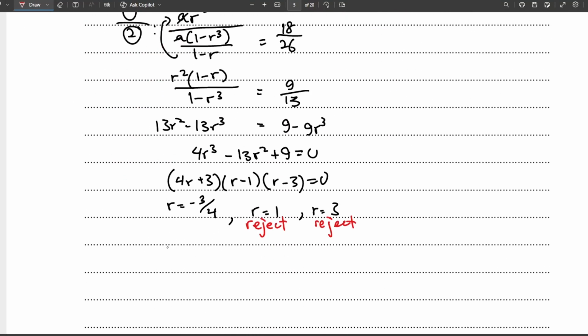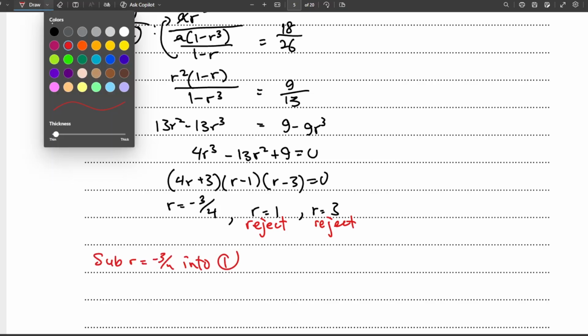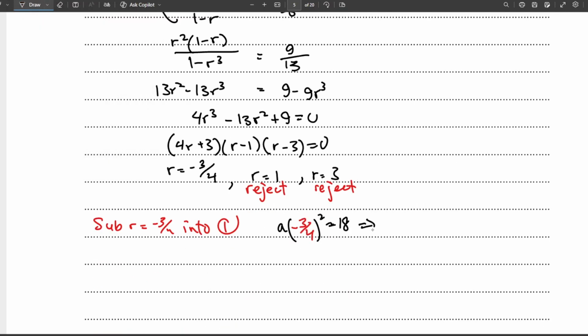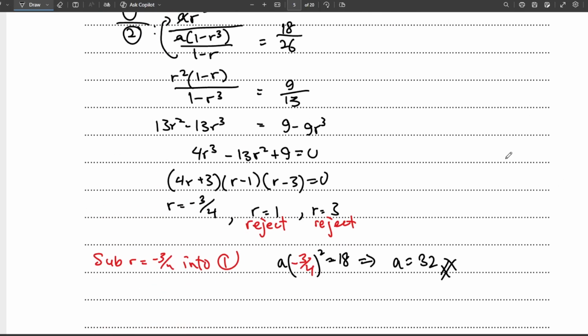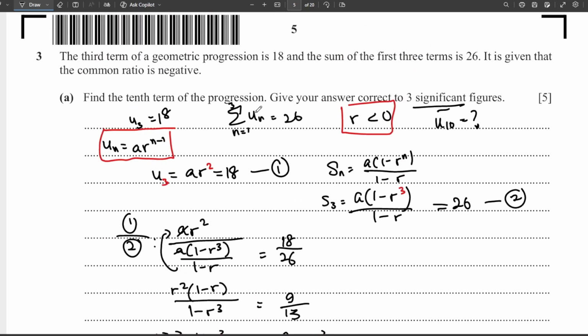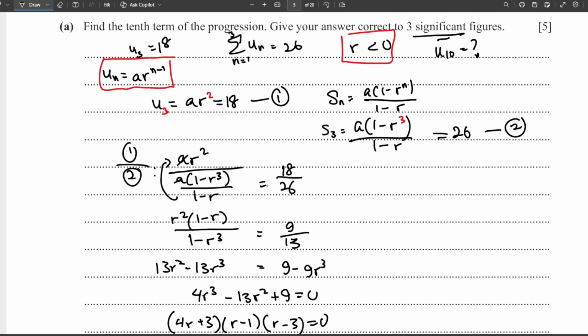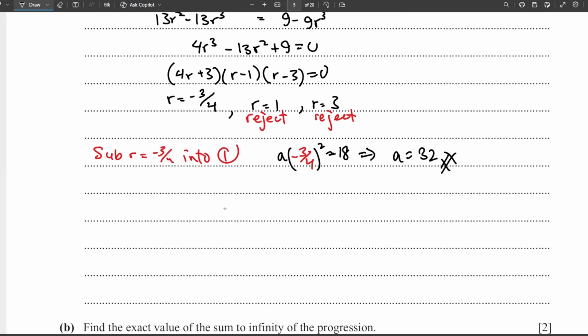So now we have our r, we can go ahead and substitute back in the first equation. And you'll be able to find, with r being negative 3 quarters, that a is 32. And these will be the two parameters that you have now specified. So now we want to find the 10th term to answer the question.